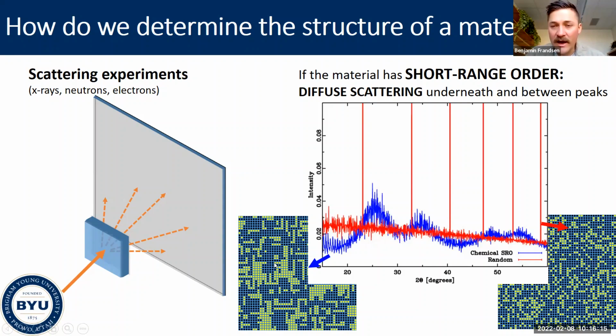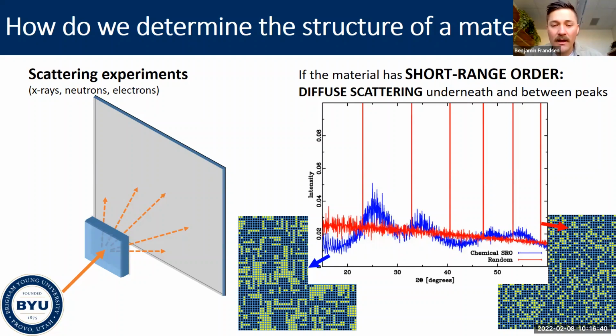So the diffuse scattering is very rich in information, but it can be hard to use. If we think about our typical structure refinement, Rietveld refinement, for example, diffuse scattering is usually just fitted to some polynomial background and subtracted out. It's usually ignored.